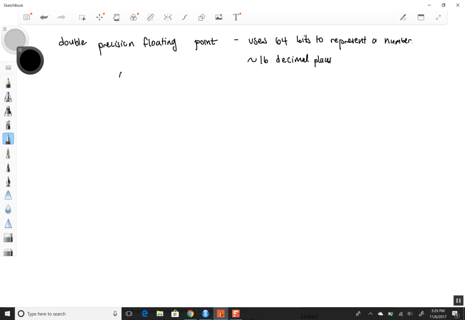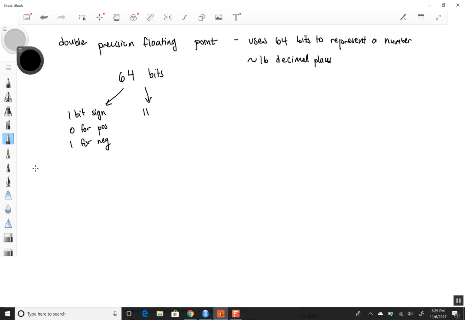Those 64 bits are split into 3 portions. Okay. 1 bit is for the sign, so 0 for positive and 1 for negative values. Okay.